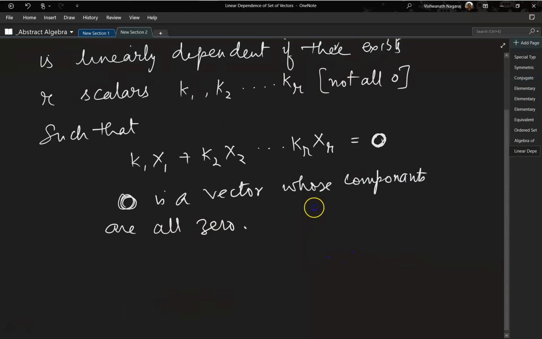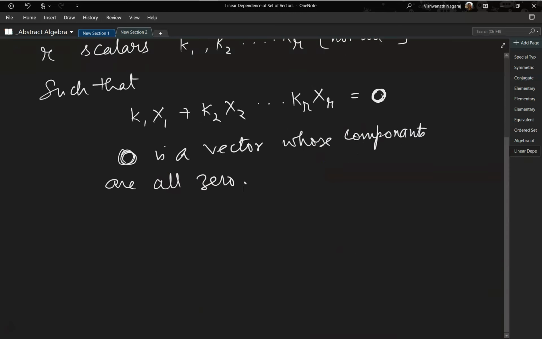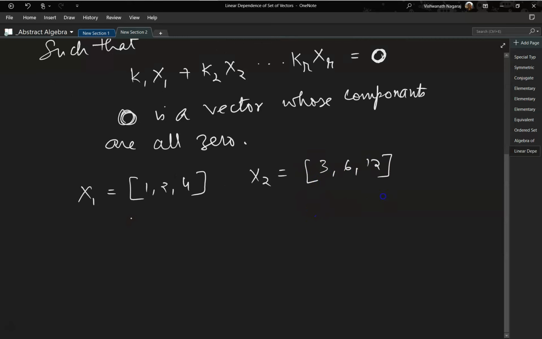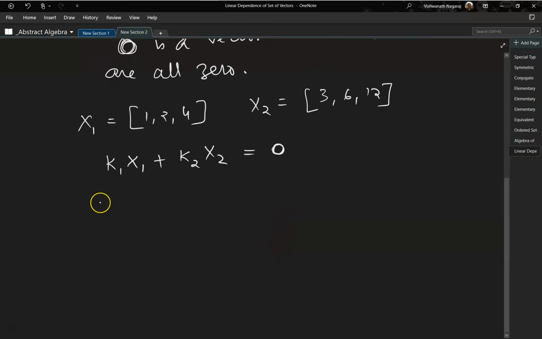So let's actually look at an example. Let us say x1 is equal to 1, 2, 4 and x2 is equal to 3, 6, 12, and taking this equation k1 x1 plus k2 x2, because there are only two vectors, this will be equal to the 0 vector. Okay, so now let's substitute the values.